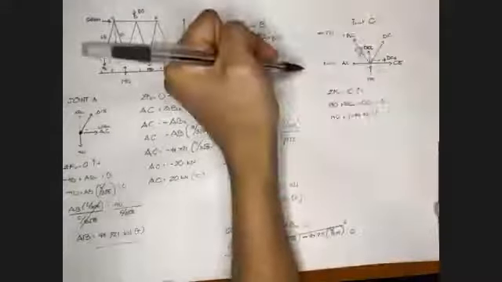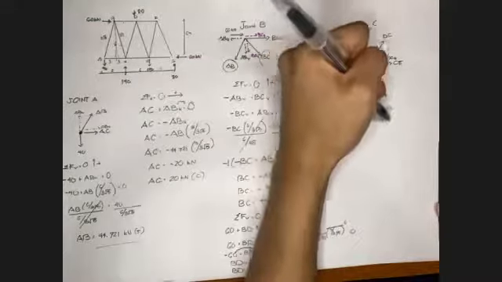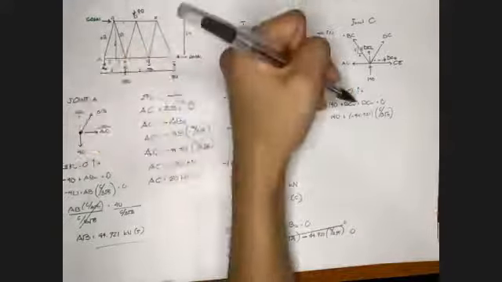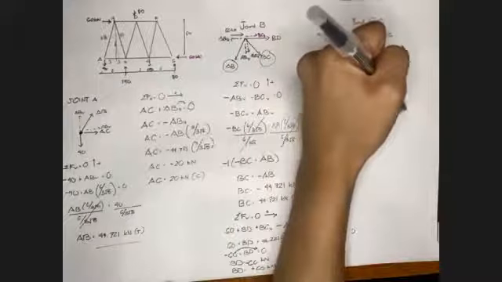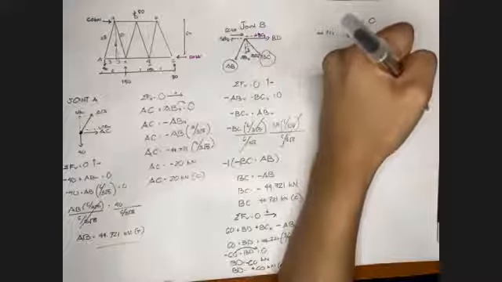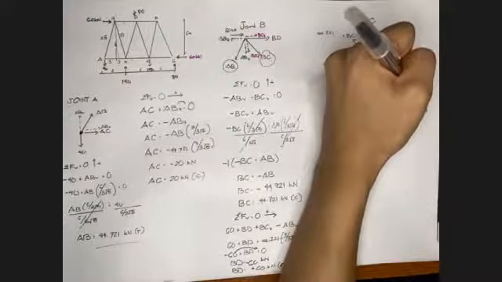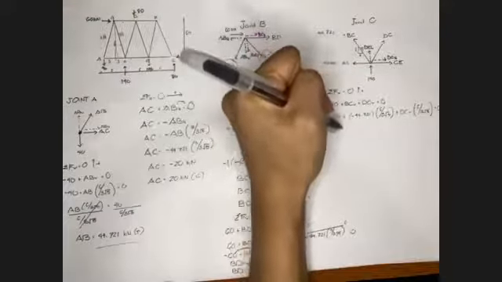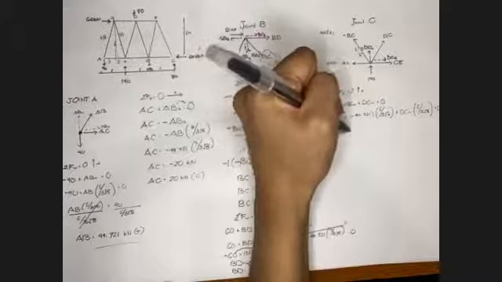So let's multiply that. That is times 6 all over 3 square root of 5. Then, plus DC vertical times 6 over 3 square root of 5. So what is the value of our DCV?